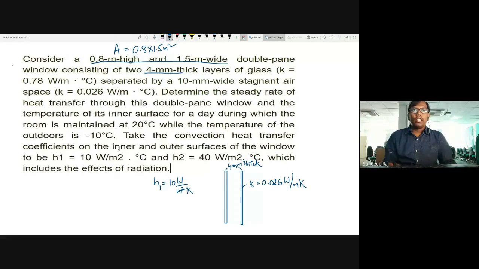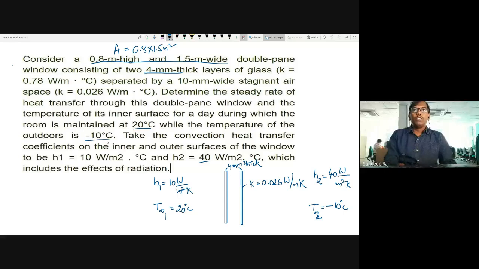And the temperature on this side, T infinity 1, is given as 20 degrees centigrade. On the other side, you have H2, which is equal to 40 watt per meter square Kelvin, and T infinity 2 is given as minus 10 degrees centigrade.